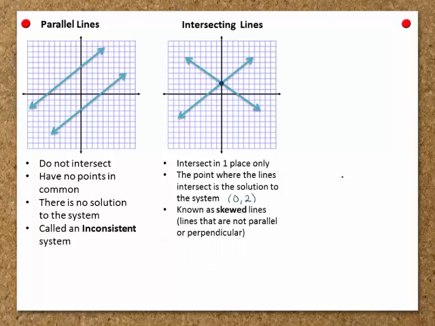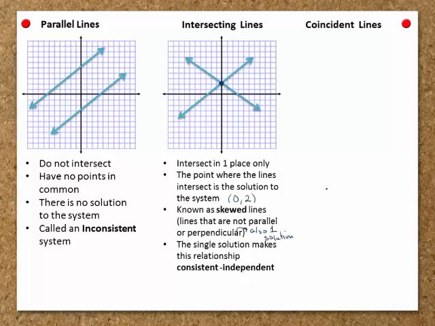Known as skewed lines, because they're not parallel or perpendicular. You can have perpendicular lines, which will also have one solution. If they're not parallel or perpendicular, though, they're skewed. And the single solution makes this relationship consistent and independent.